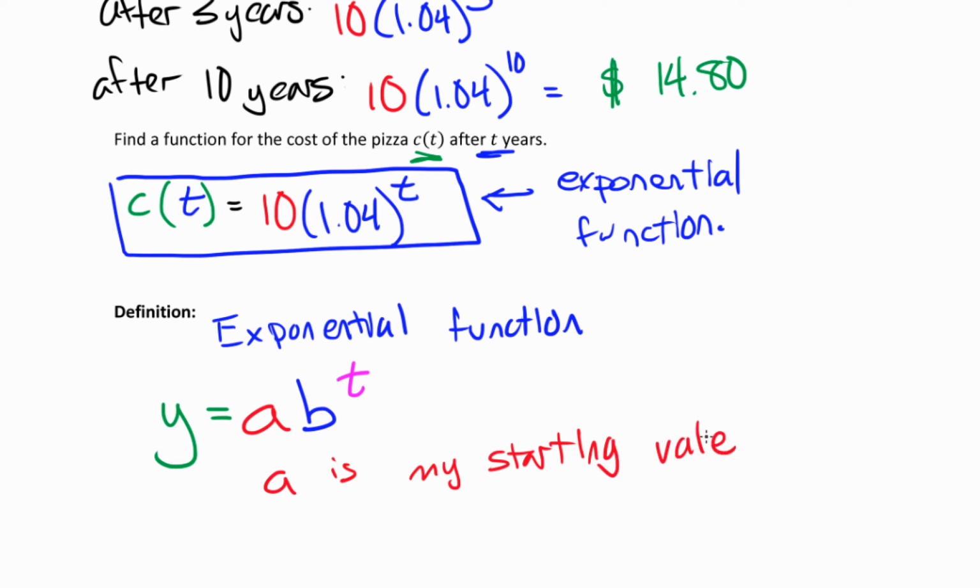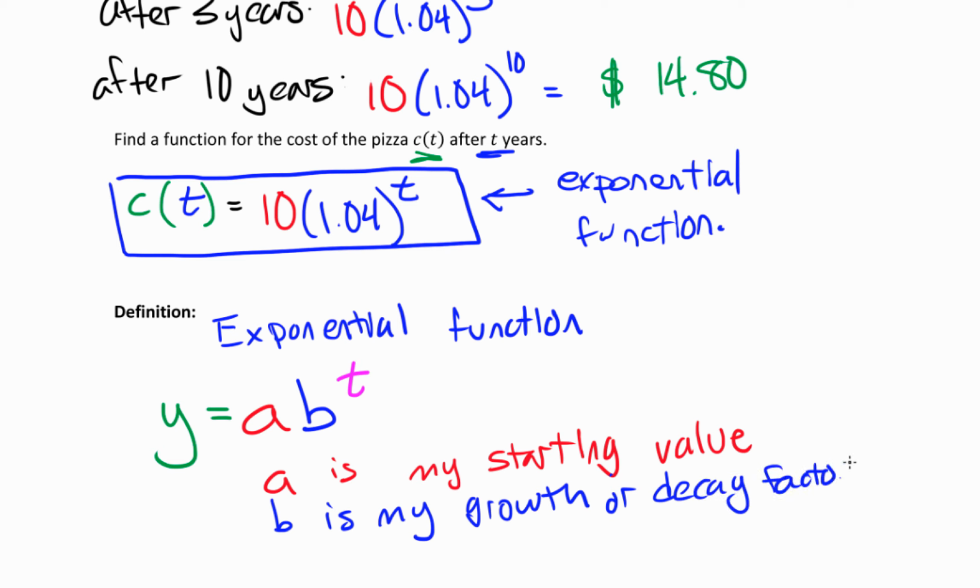So in the case of that pizza, that was the $10. B is my growth or decay factor, and we just looked at the growth example. I'm about to do a decay example here. And then t is time, or whatever the input is. It could be other things. We're going to be looking at cases where it is just t.